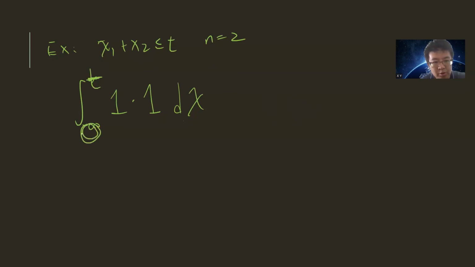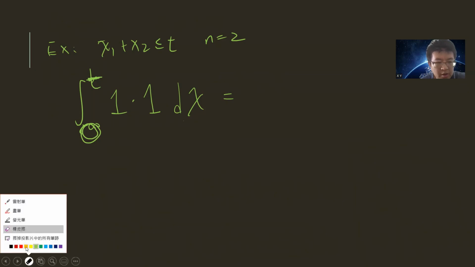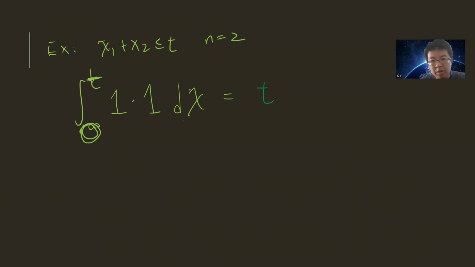So you get t, and f2 is t squared divided by 2. It's the same as what we derived.